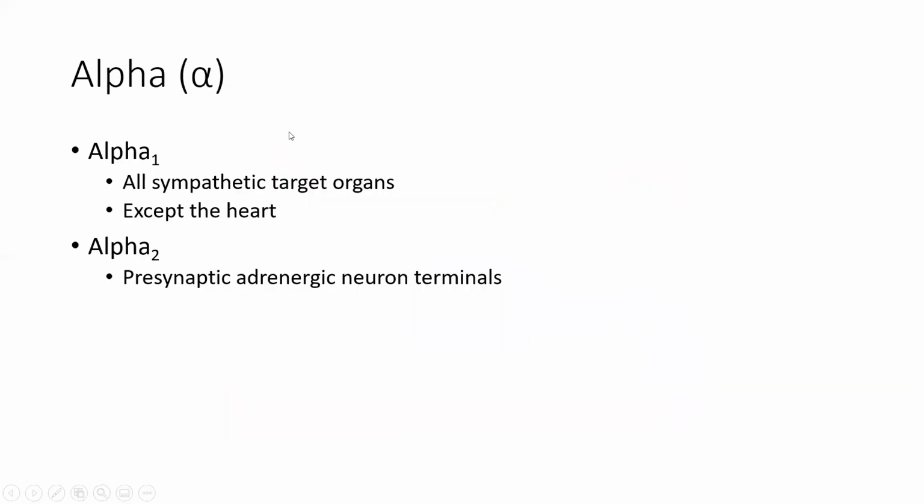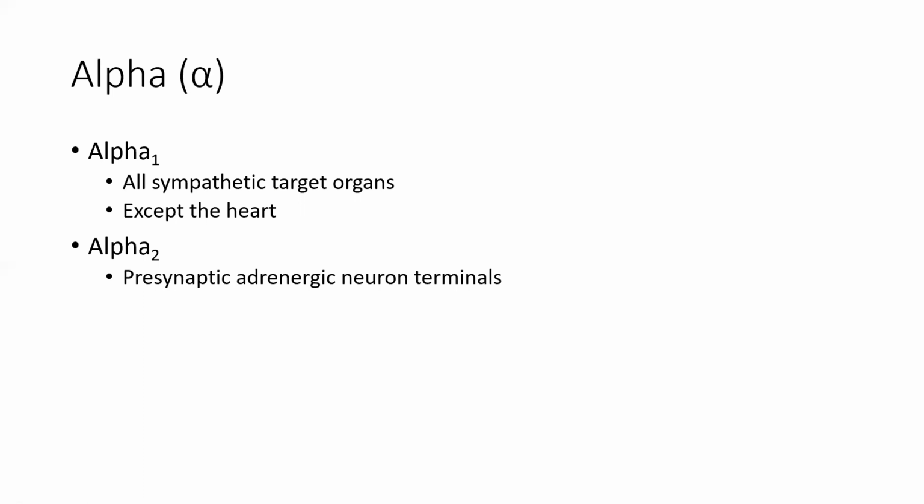Now let's talk about alpha receptors in the sympathetic or adrenergic receptors. So alpha is the adrenergic receptor. Alpha 1 is present at all sympathetic target organs, all the organs which are targeted at the time of stress. And which organs are targeted at the time of stress? The picture that we saw at the start showed that it constricts the pupil, the eye is targeted, the heart is targeted, the lungs are targeted.